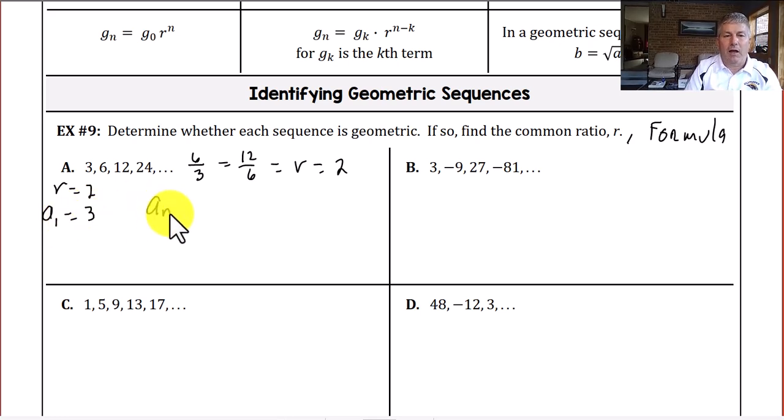So our formula, a sub n, is equal to 3, our first term, times 2 raised to the n minus 1. I have to do n minus 1 because if we have the first term, 1 minus 1 is 0. Anything to the 0 power is 1. That'll give us the value of 3.